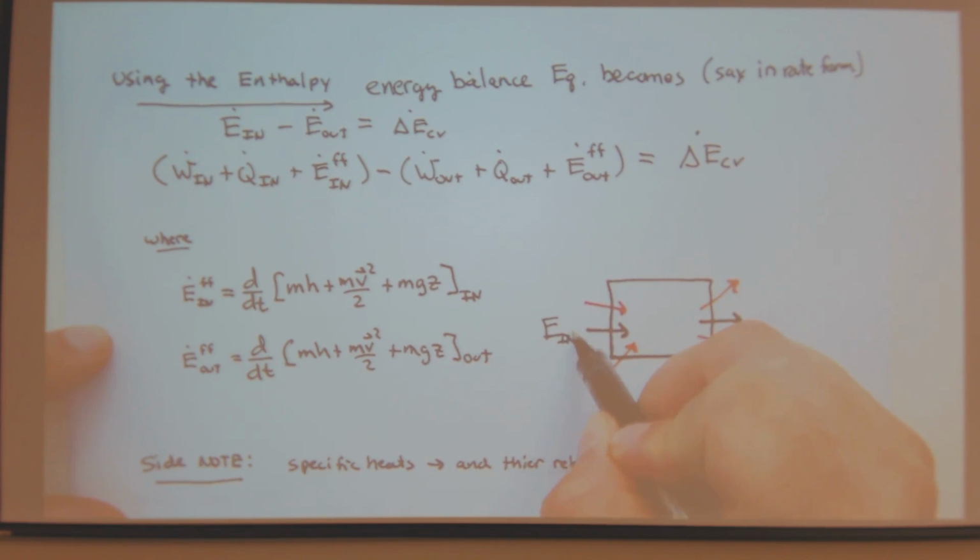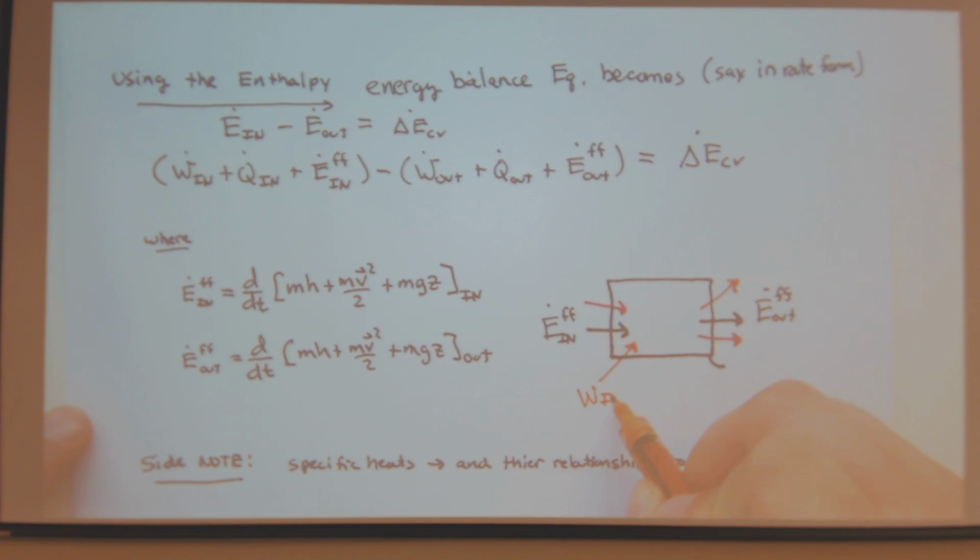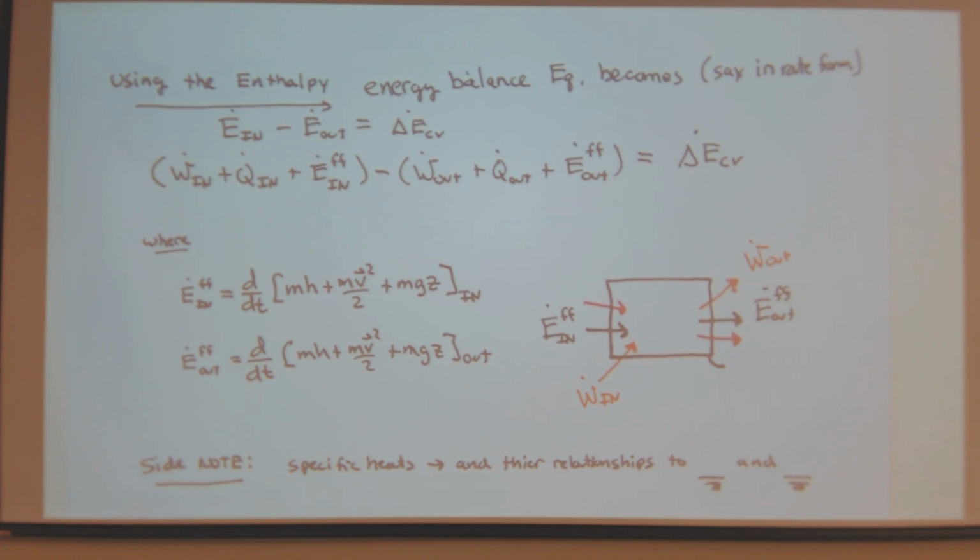Energy in, flowing fluid dot, energy out, flowing fluid dot, work in dot, power in, work out dot, power out. Right? The time rate of change of work is power, with units of watts. Joules per second is a watt.